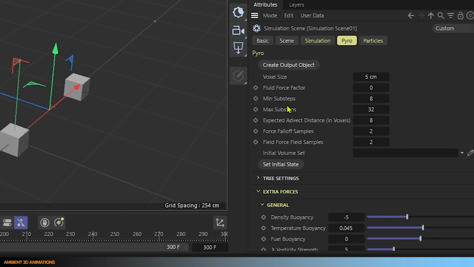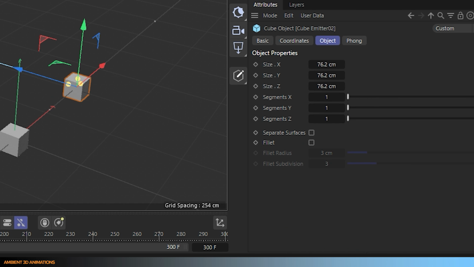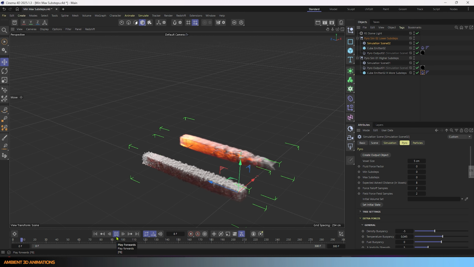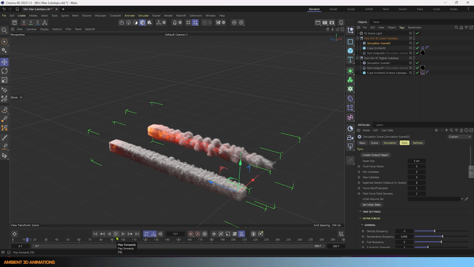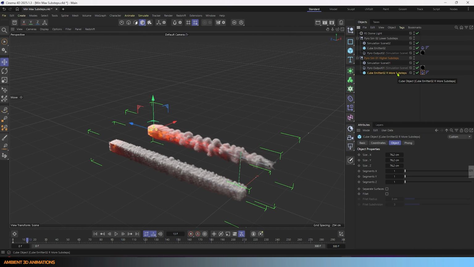So we talked about max and min substeps inside of Cinema 4D and how that works in the last episode. When we're talking about voxel distance, we're talking about that distance per substep, so per calculation. And the substeps are how many calculations are done per frame.